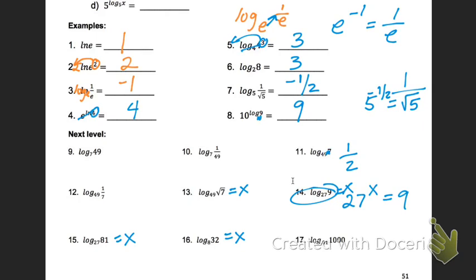Let's bring them both to a base of 3 really quickly. 27 is 3 cubed, and 9 is 3 squared. But I still need to keep this x here. Once they have the same base, both set to 3, you can just set the exponents equal to each other. So 3x equals 2.